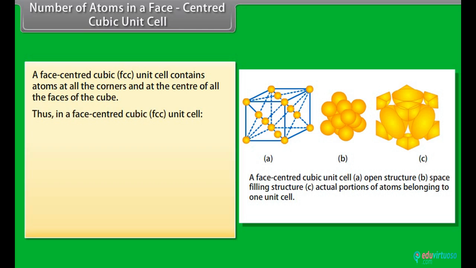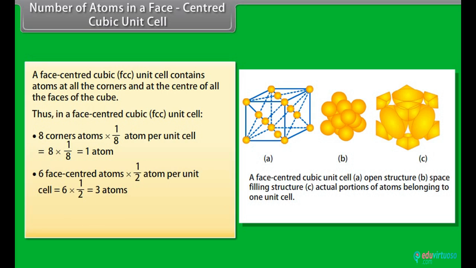Thus, in an FCC unit cell, 8 corner atoms into 1 upon 8 atom per unit cell equals 1 atom. 6 face-centered atoms into 1 upon 2 atom per unit cell is equal to 3 atoms. Therefore, total number of atoms per unit cell is equal to 4 atoms.